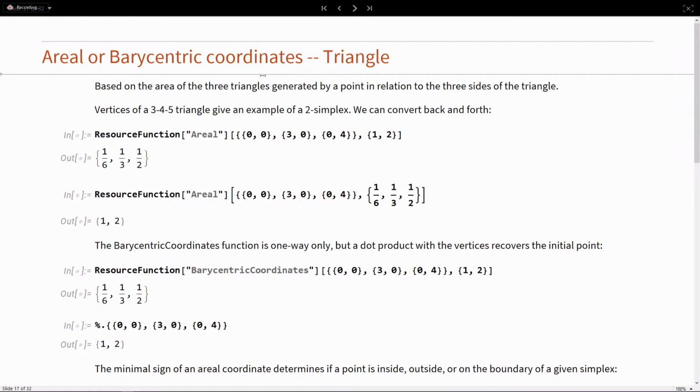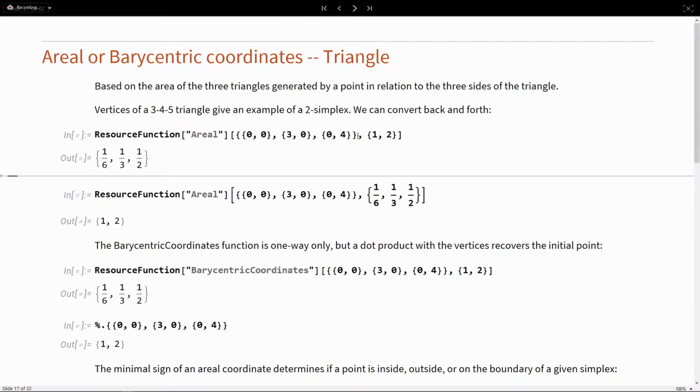So that brings us to how we track where all these points are. And usually areal or barycentric coordinates are used. So for example, for a 3, 4, 5 triangle, we can consider where the point 1, 2 is in relationship to that triangle. And the areal or barycentric coordinates are the following.